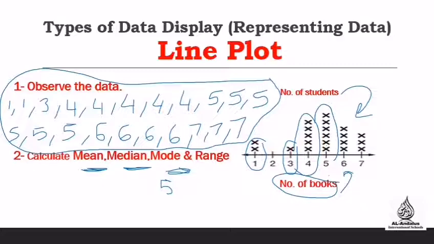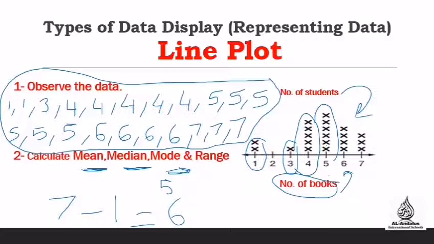Here I can also calculate the range. The range is the maximum value minus the minimum value. What is the maximum value? 7. What is the minimum value? 1. So the maximum minus the minimum gives me 6.